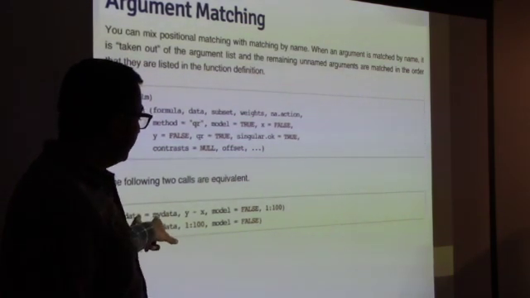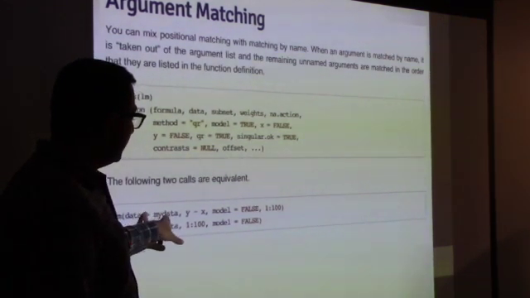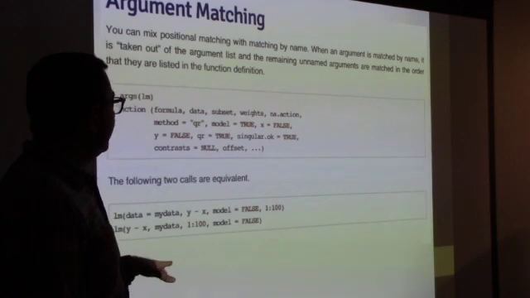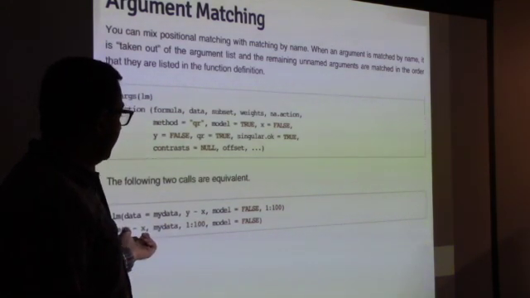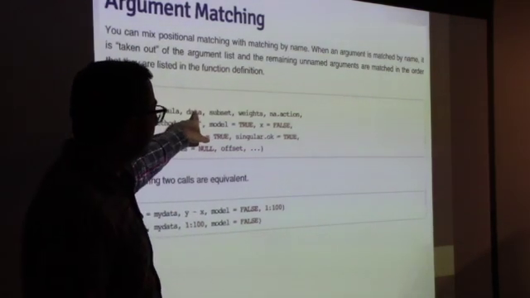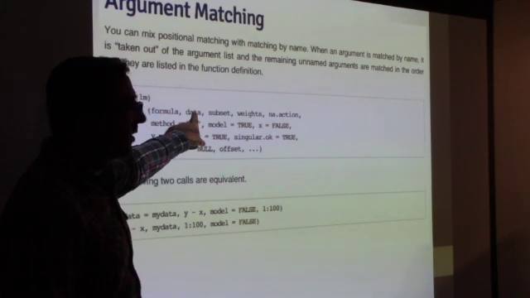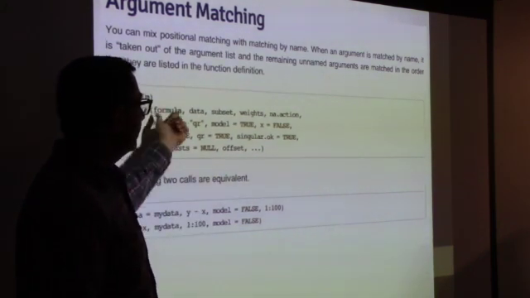If you don't use this sort of name-value pair, then what the function does is, whatever you pass first, if it is a named argument, it assigns the value to that name. Otherwise, it just starts matching positionally.